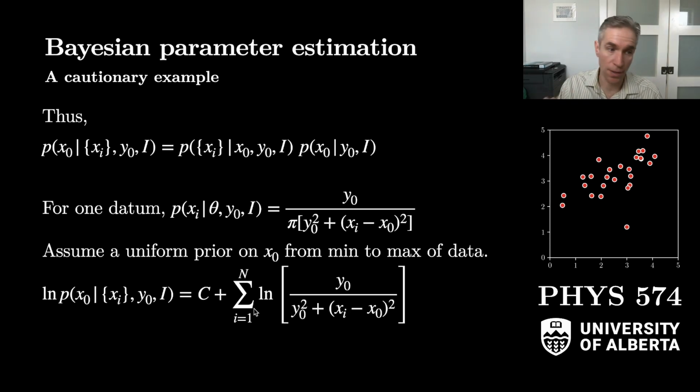When we take the logarithm of the probability, we end up with a constant here, plus the sum of the natural log of this function. So that gives us our value.